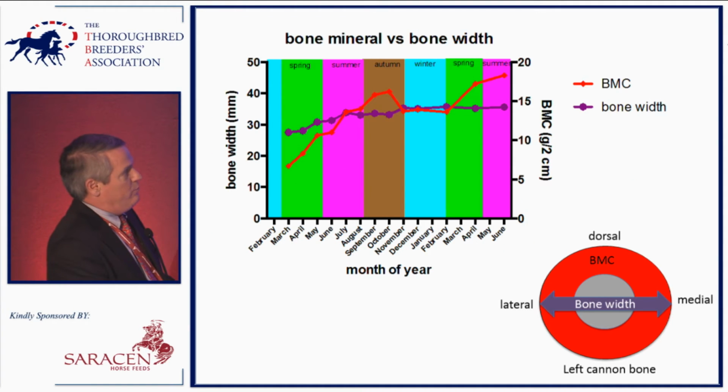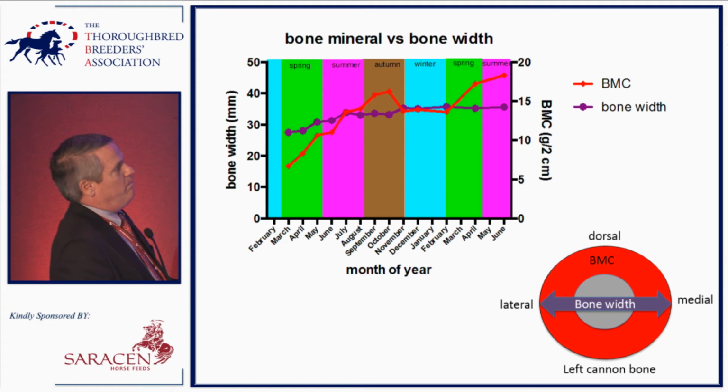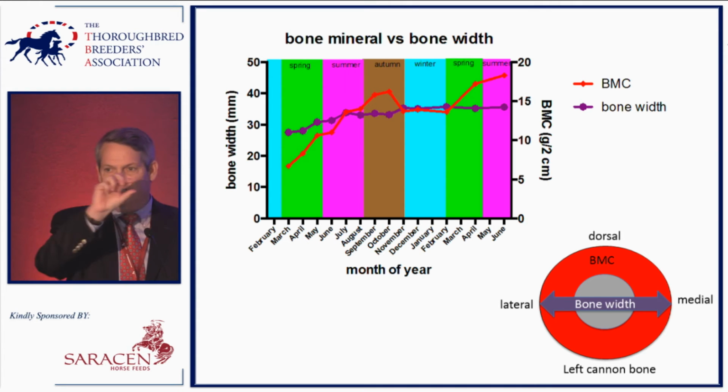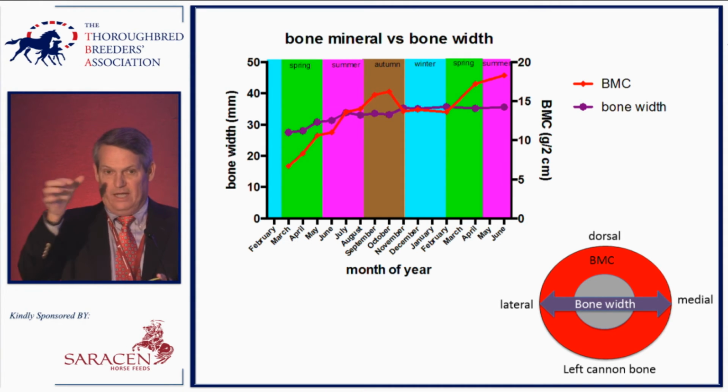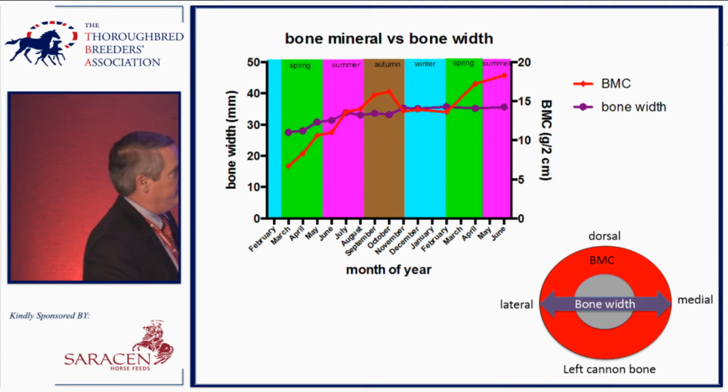This is bone mineral content, so using that regression equation to calculate the total amount of mineral in the bone against total bone width, which is in purple here. So bone width is in millimeters. Bone mineral content, the way this is expressed is if you took a 2 centimeter slice of a cannon bone and you measure the mineral in that. That's what the bone mineral content is.